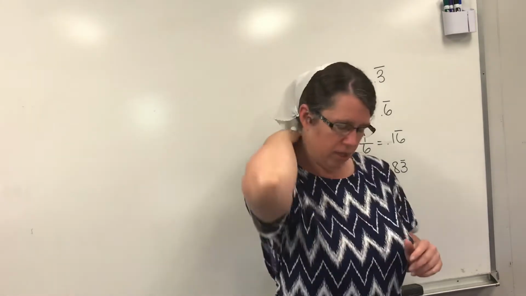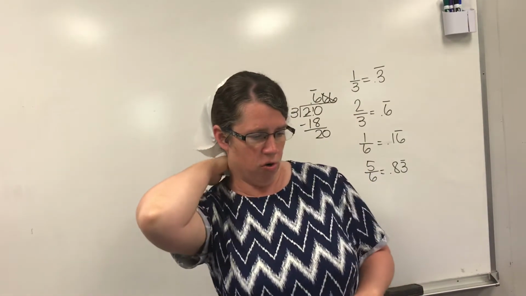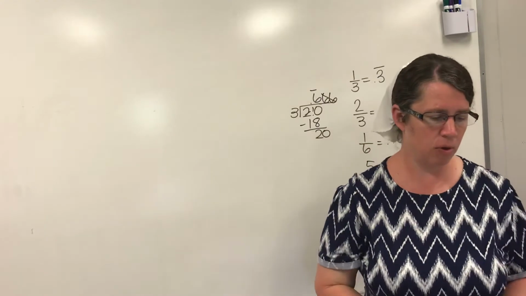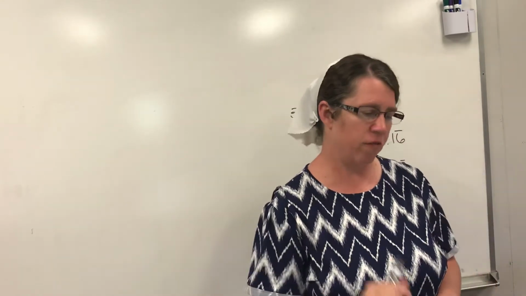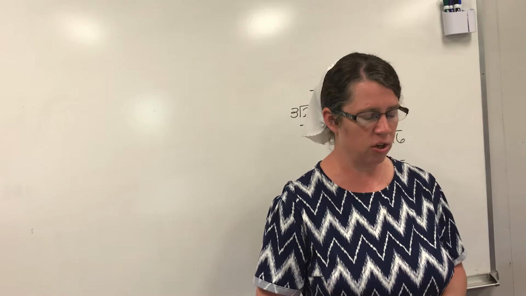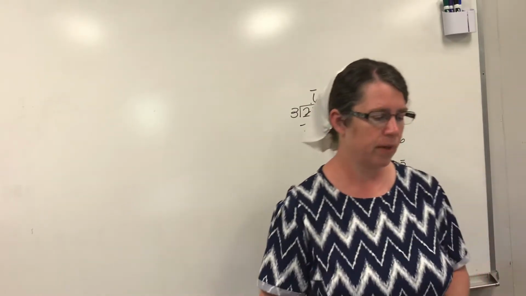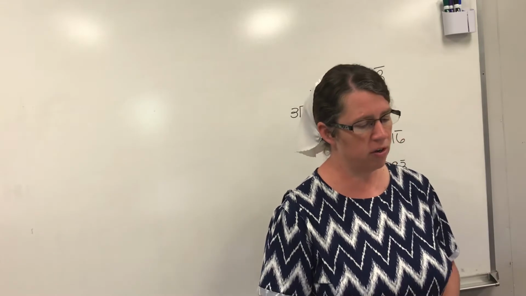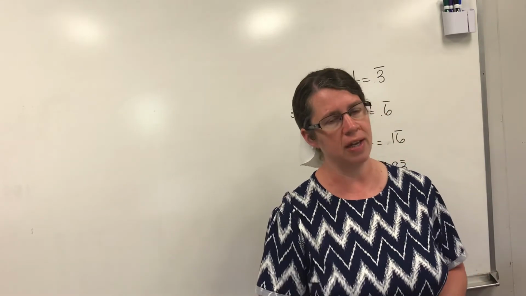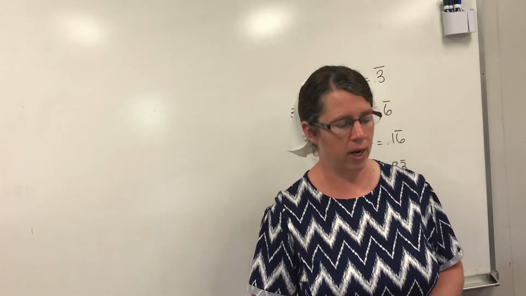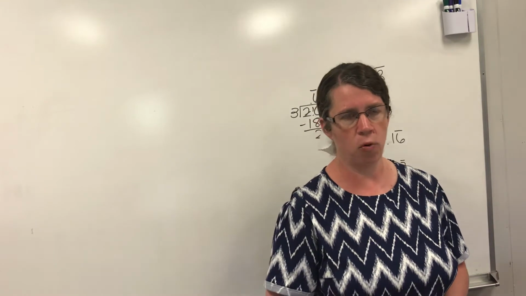All right, if you go to the top of page 59, here's where you're going to be putting in the decimal equivalents for the first section, and then the second section, they're going to give you the decimal equivalents and they want you to write in the fraction. So the decimal equivalent for 1/4 is 0.25.